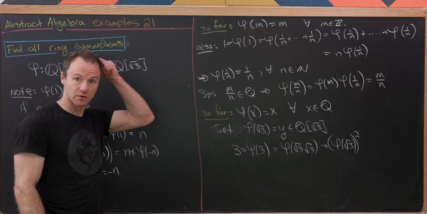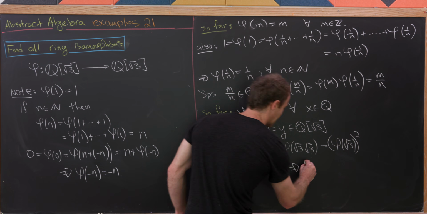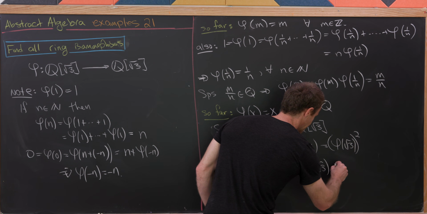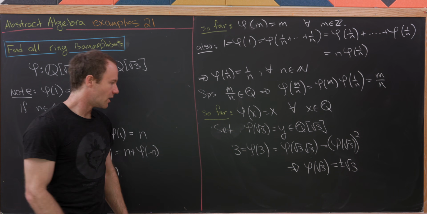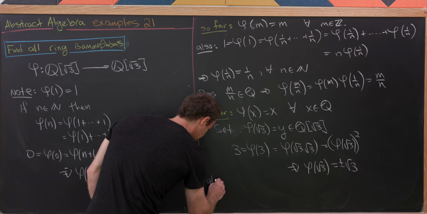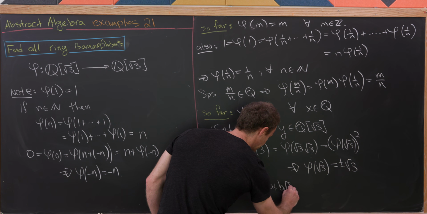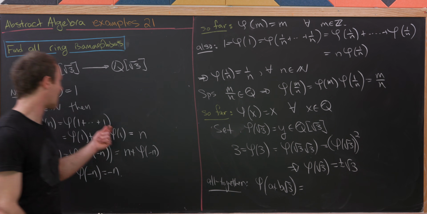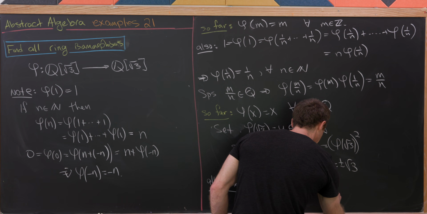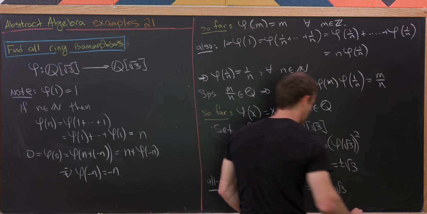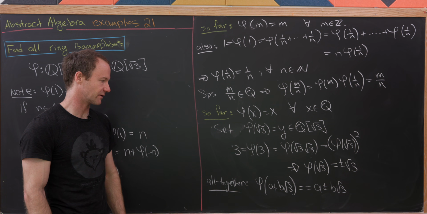Okay, but now taking the square root, we actually have two possibilities here. That means that phi of the square root of 3 can be equal to plus or minus the square root of 3. Okay, now all together, we have the following. We have phi takes a plus b root 3, which is an arbitrary shape of an element inside of Q adjoin root 3, and it must send it to a plus or minus b square root of 3, depending on the behavior of what happens with the square root of 3.